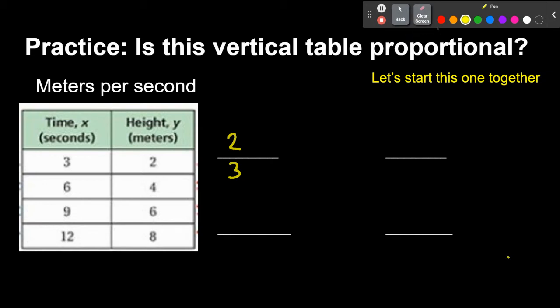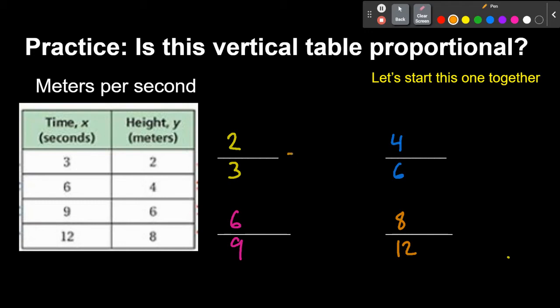All right, nicely done. Let's see how you fared. I'm just going to rewrite all of these as 4 over 6 and 6 over 9 and 8 over 12. And now all we're going to do is see if all of these are equivalent. Now, we don't have to go through the process of making the denominator 1.